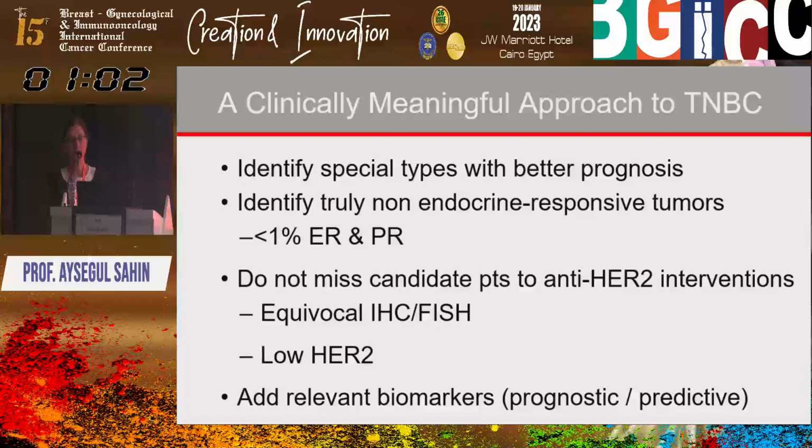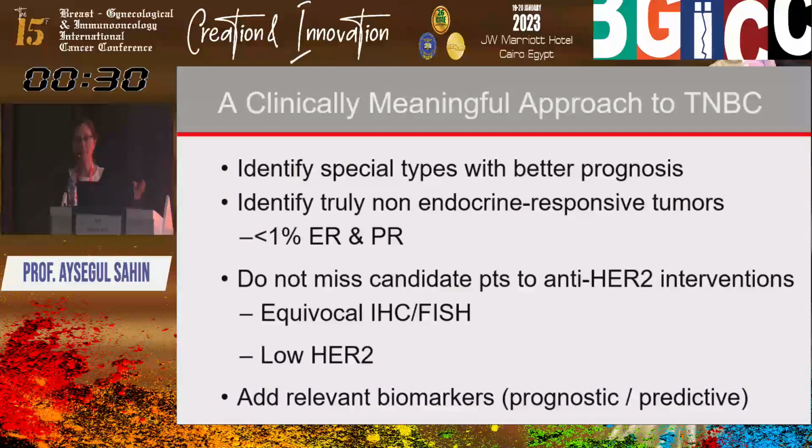And then the other important thing is that we really have to identify truly non-endocrine responsive tumors. We see a lot of patients who are referred to our center as ER, PR, HER2 negative, but when we repeat the ER/PR staining, they are 10%, 20% positive.